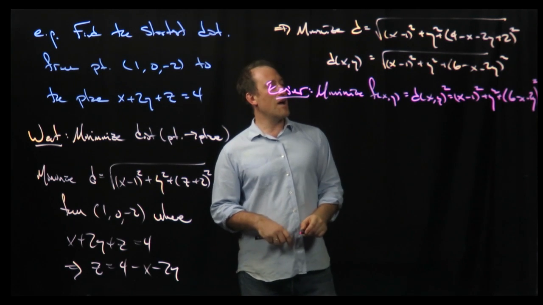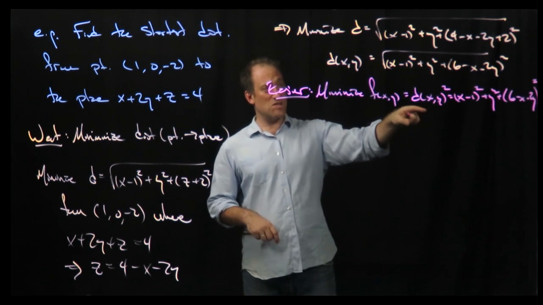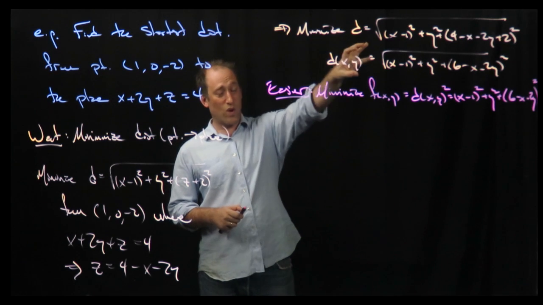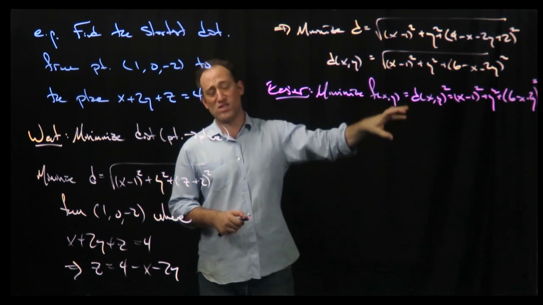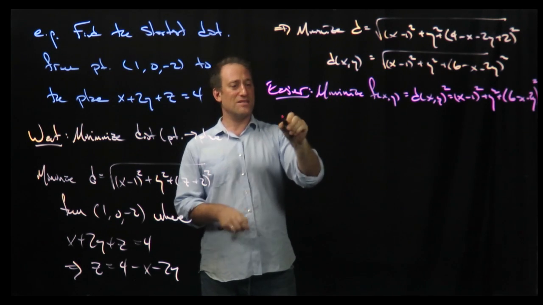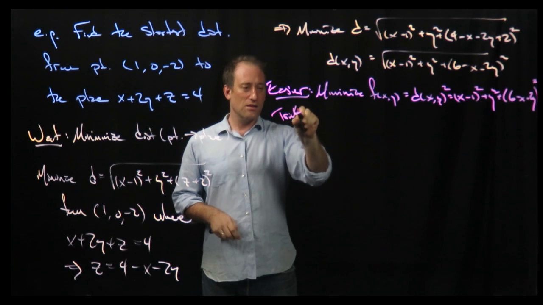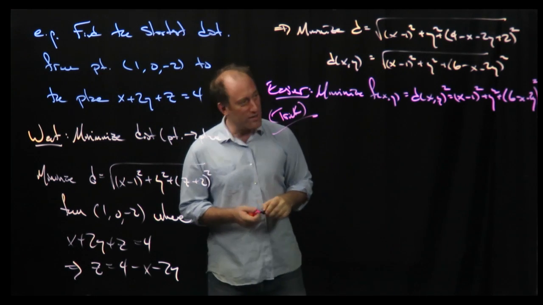The reason I can do this is because clearly the square root is minimized when the square is minimized. This is a bit of a trick.